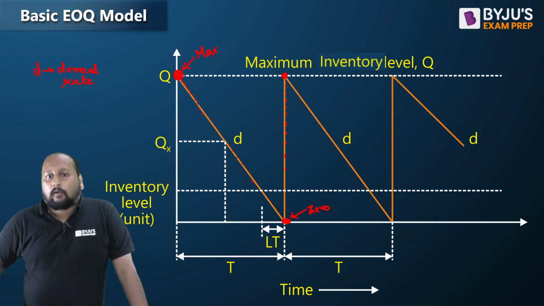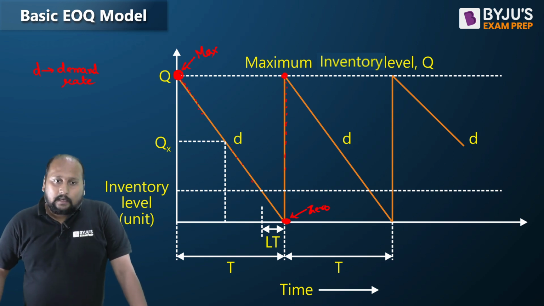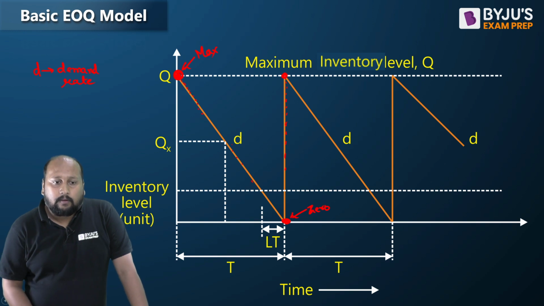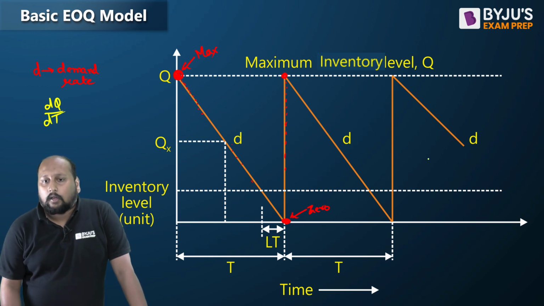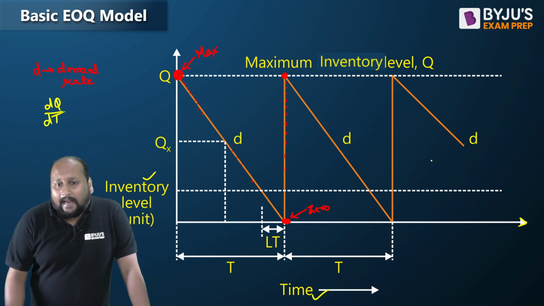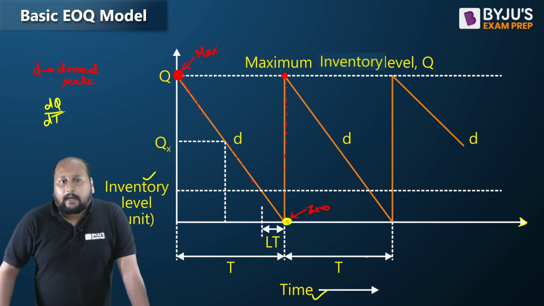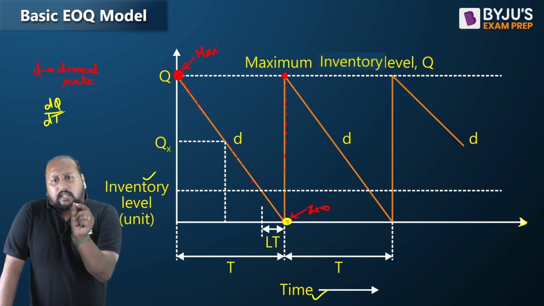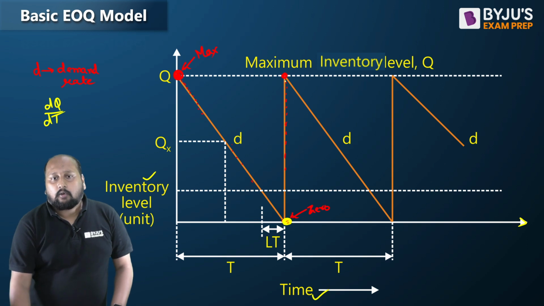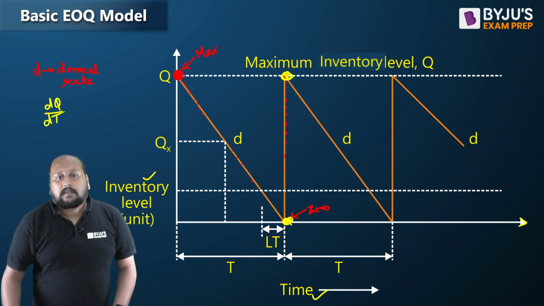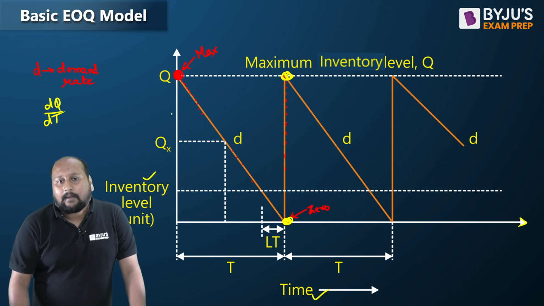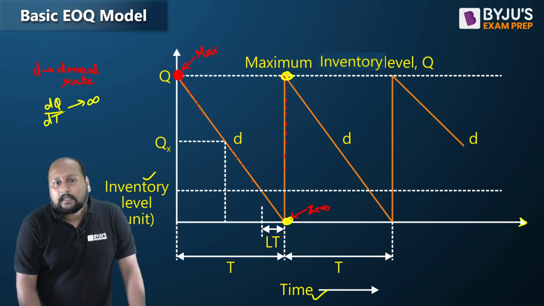If you try to calculate the slope of this graph, it will be simply dq by dt, where on the x-axis we have time, and on the y-axis we have inventory units, that is capital Q. At this point, if you calculate dq by dt, there is no change of time period, but the inventory is going from 0 to maximum. So I can simply say at that point, your dq by dt is tending to infinity.